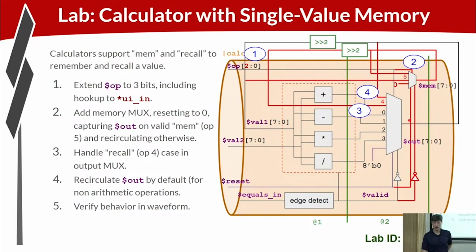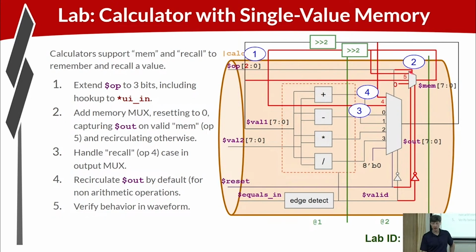So I've decided to implement it sort of consistently where every calculation is feeding 2 cycles later. So this path here is looping around the output to feed back into the memory for a mem operation.